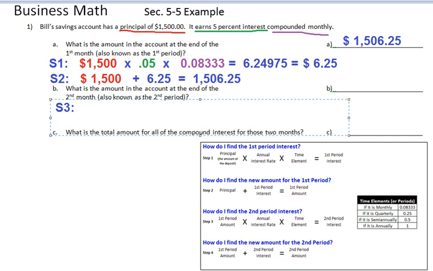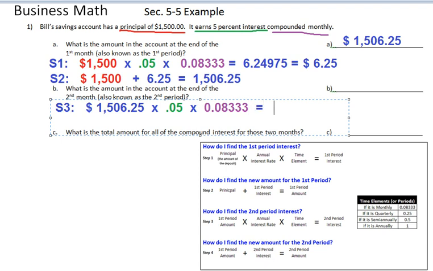Step 3, we take the first period amount. By the way, that's the answer for A. We're going to take the answer that we got for May, and we're going to multiply it times that same annual interest rate, and we're going to multiply it by that same time element.